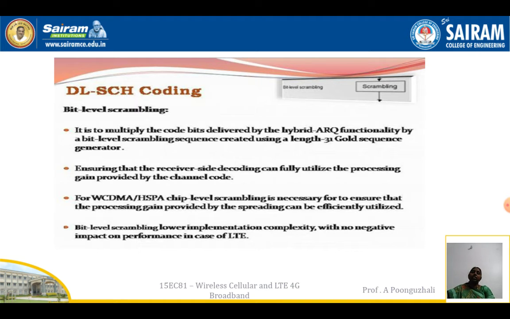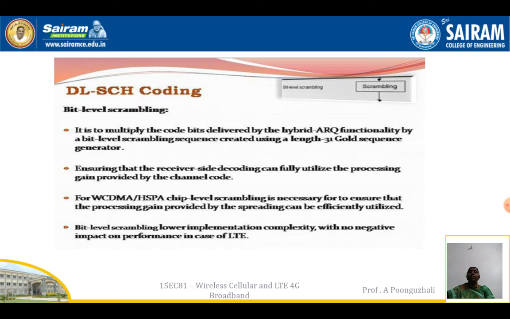We do the scrambling to fully utilize the receiver gain. In wideband CDMA, high-speed packet access and 3G, chip level scrambling is necessary so that the processing gain can be improved, by spreading it can be efficiently utilized.